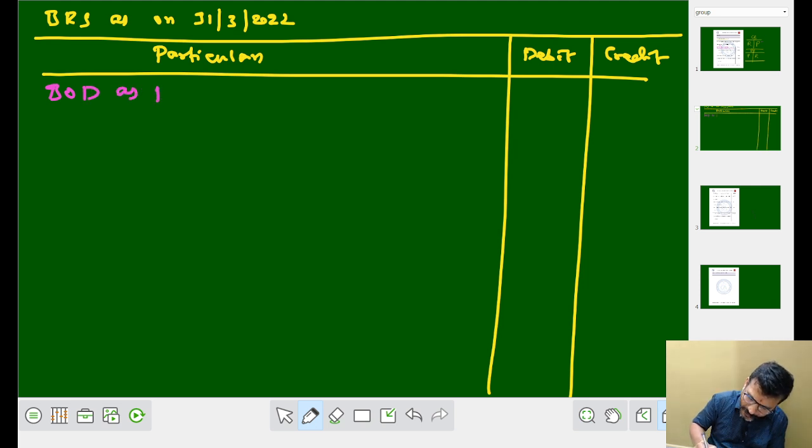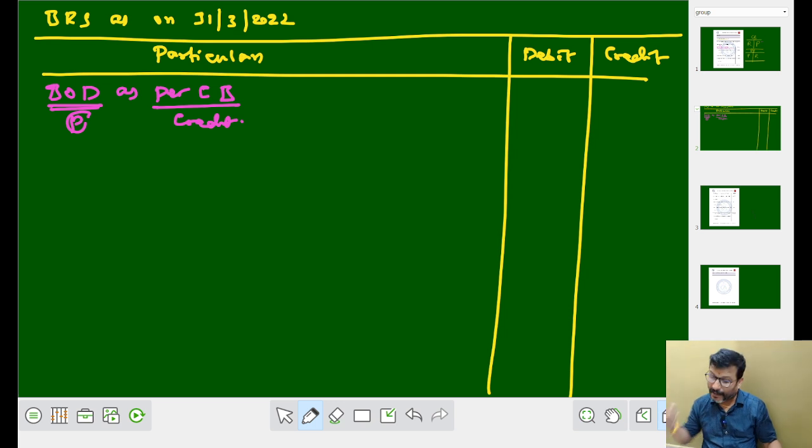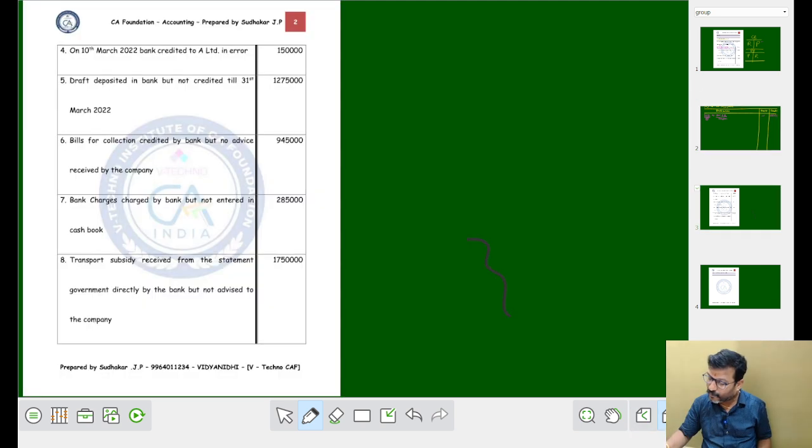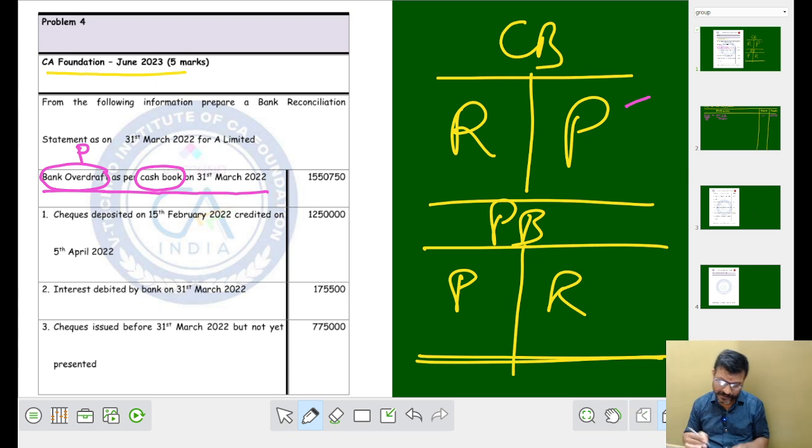Bank overdraft as per cash book. Overdraft means payment, cash book means it comes in the credit side. We have to take it in the credit side. Amount is 15 lakh 50,750.